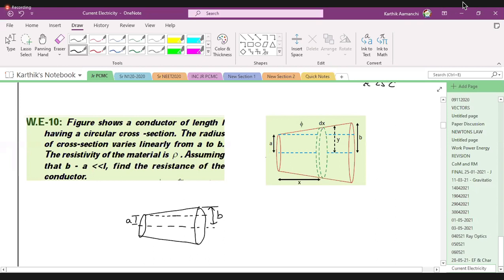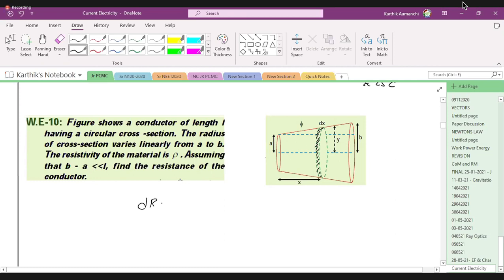See, I have given already. Take a small element dx, thickness is dx, whose radius is y at this point. For this, if you calculate your dr, the resistance, from A to B, you will get it for the whole thing, isn't it?